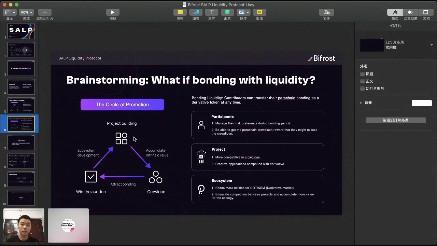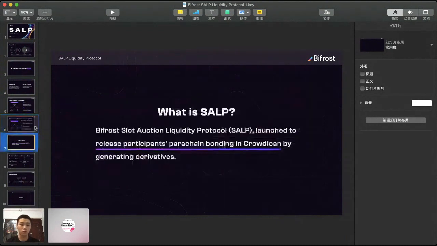So that's the result of the enhanced value of the whole liquidity Crowdloan.